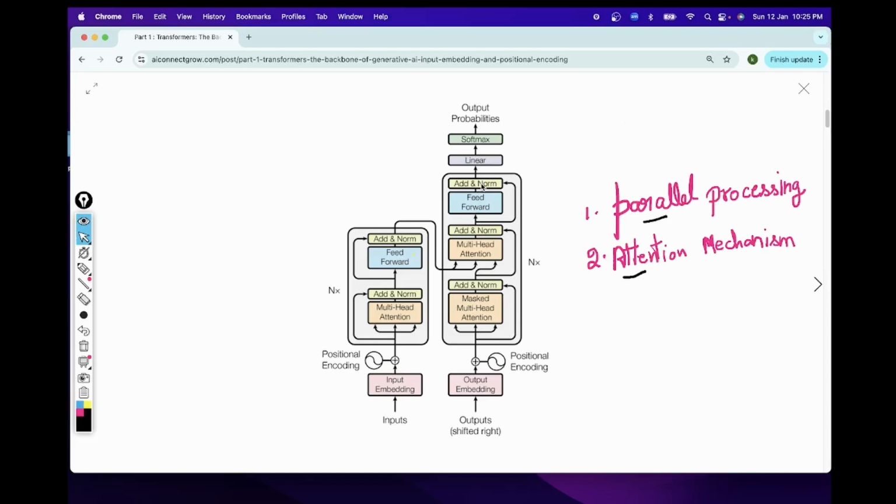And then finally, the output tokens are generated one by one using a softmax layer that predicts the next token based on probabilities. At a very high level, we have understood now that the encoder is used to encode the inputs into contextual representation, whereas the decoder is used to generate the output sequence step by step.